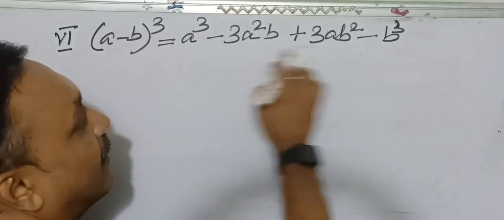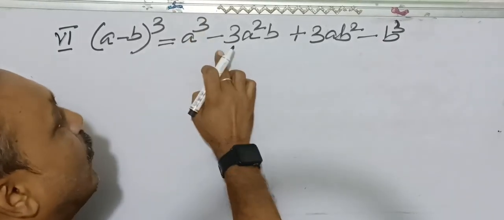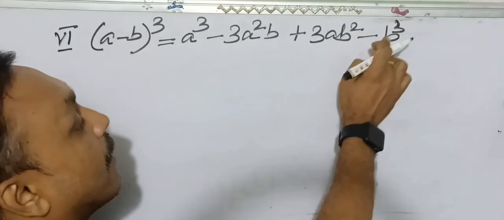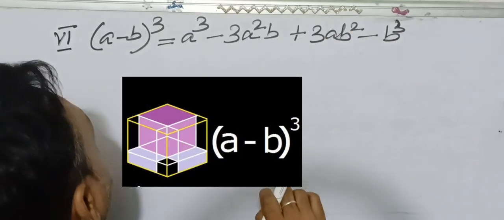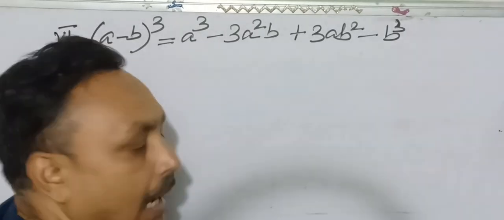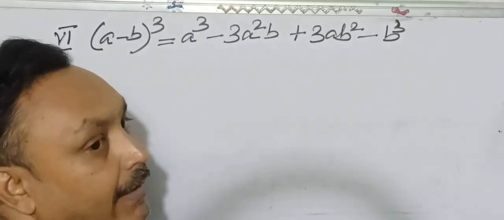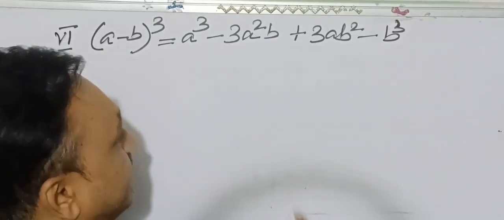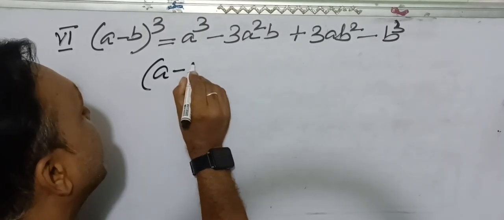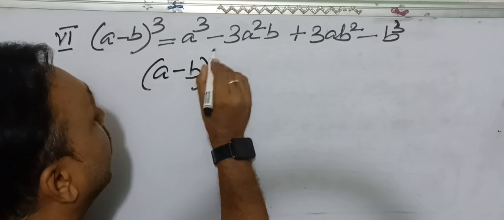So this is our right hand side, that is a³ − 3a²b + 3ab² − b³. And our left hand side is (a − b)³. So I'm going to start from the left hand side, that is (a − b)³.